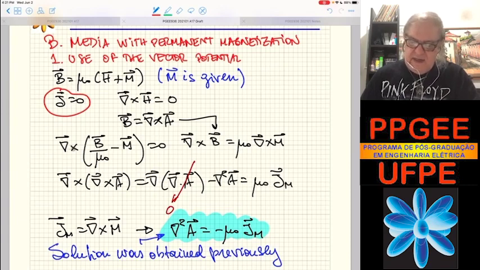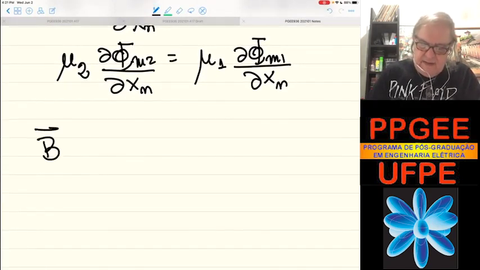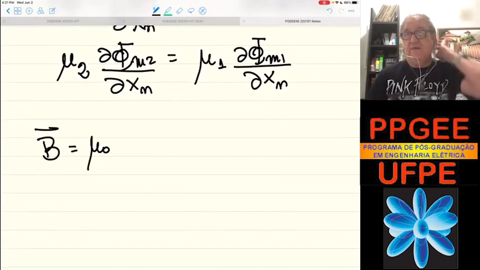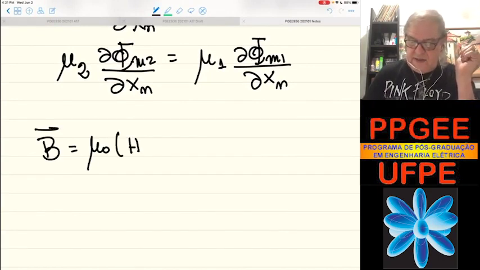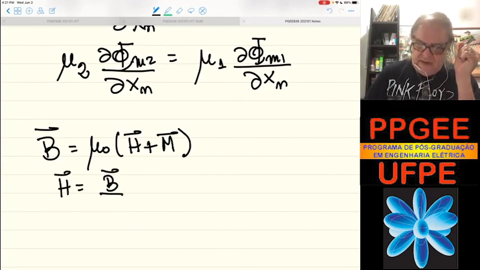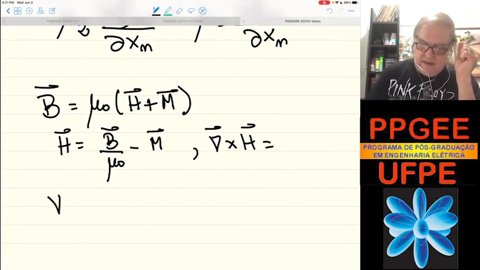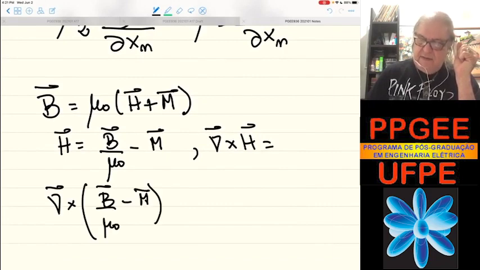So if we go to the curl equation, curl of H, and use the constitutive relation, recall that B equals, the constitutive relation for a magnetic medium, mu0 times H plus M. So H can be written as B divided by mu0 minus M. So curl of H equals curl of B divided by mu0 minus M, right?